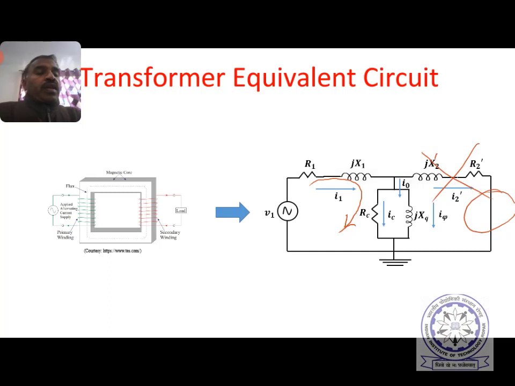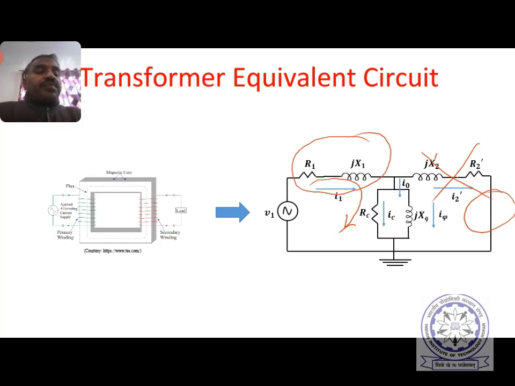Since the no load current is very small, just 5%, the drop in this component is very small. In fact, the impedance of this shunt branch Rc, jXm is very much higher than R1, jX1. Therefore, more or less the entire voltage drop will be across this shunt branch.